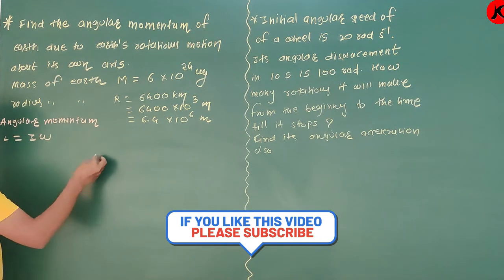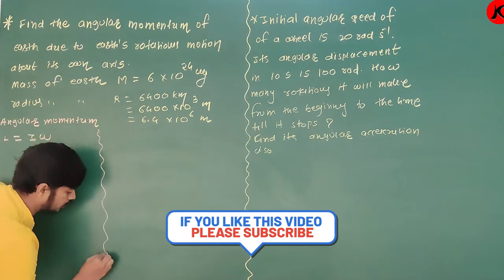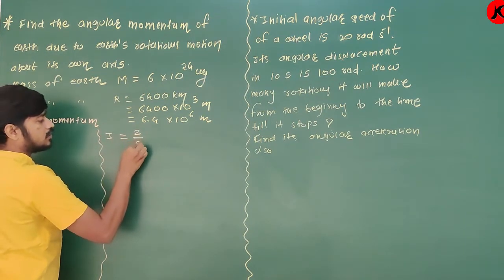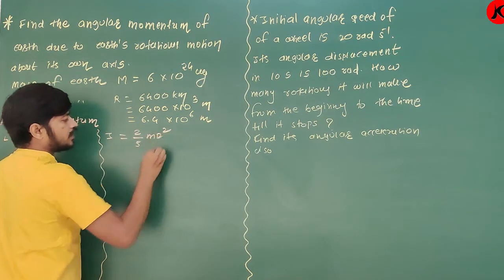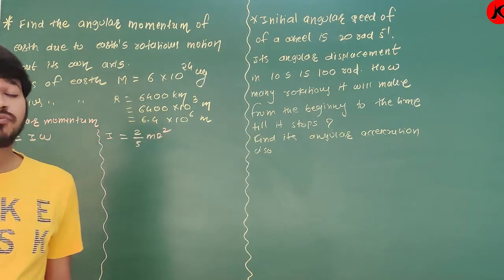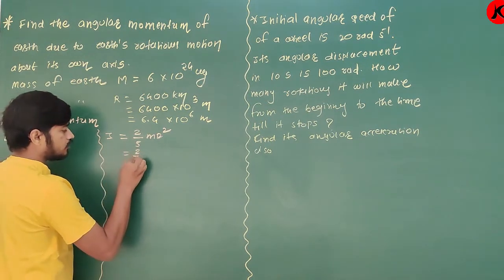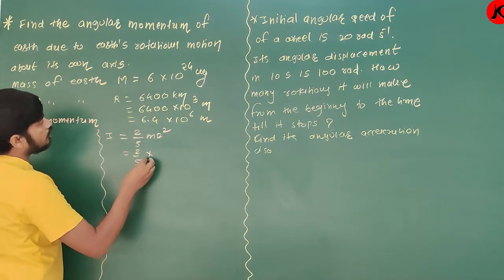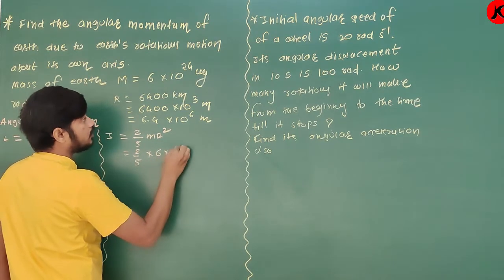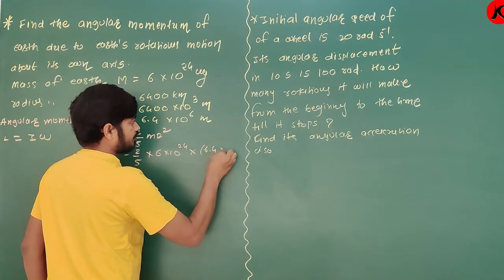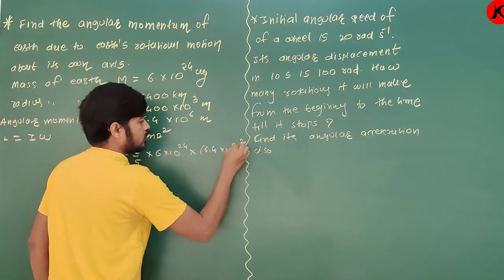Here we will find I and omega separately. For I, the moment of inertia, Earth behaves as a sphere. So its moment of inertia I is equal to 2/5 m r square. The value of m is 6 into 10 raised to 24, and r is 6.4 into 10 raised to 6, whole square.